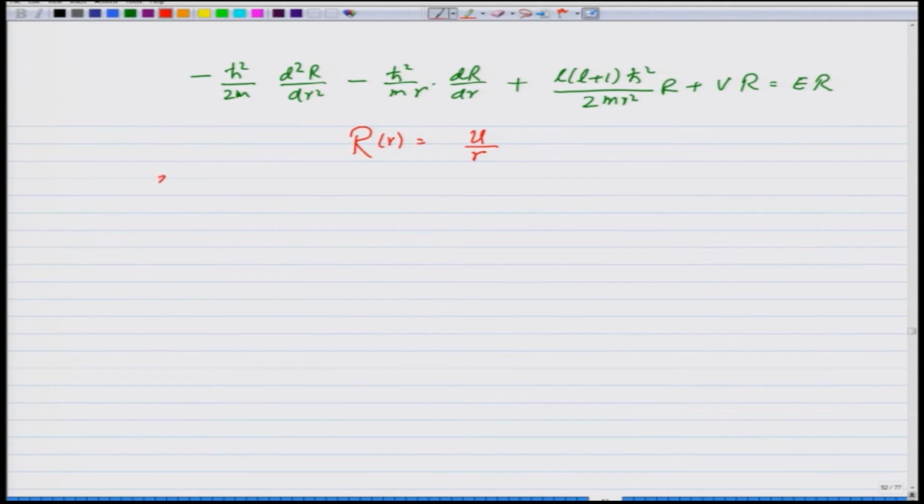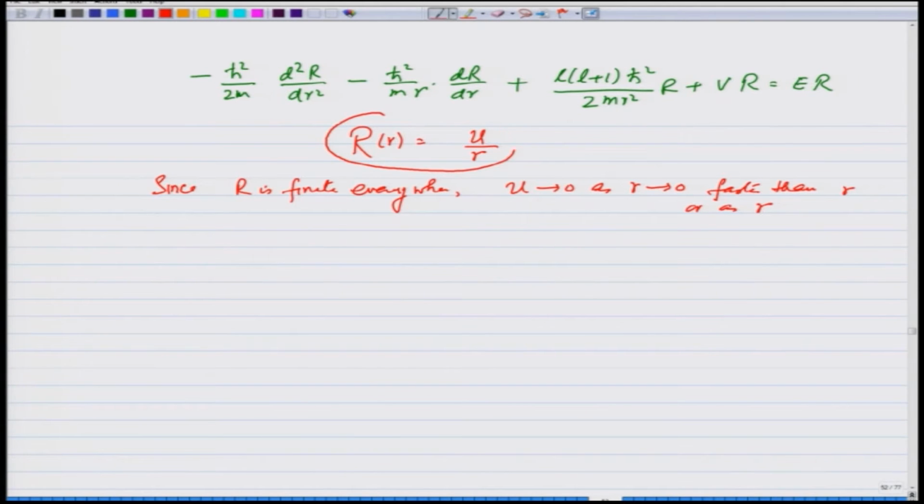And since R is finite everywhere, u should go to 0 as r tends to 0 faster than r, or as r. Then only R would remain finite as r goes to 0.